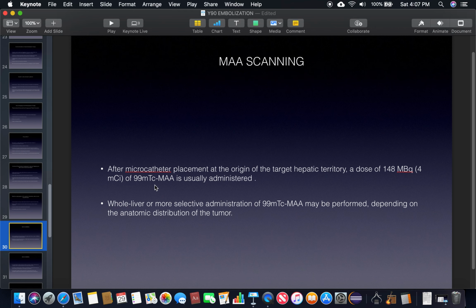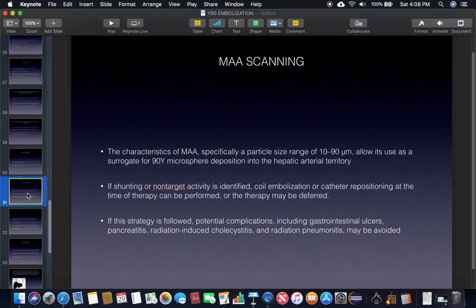Now, when we give MAA, we typically use 4 millicuries, and we can do a whole liver or more selective administration of MAA, depending on the anatomic distribution of the tumor. Now, the MAA particle typical size is 10 to 90 microns, and these are a surrogate for microsphere yttrium-90 deposition into the hepatic artery territory.